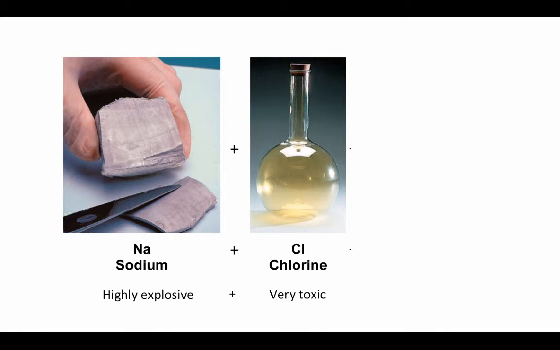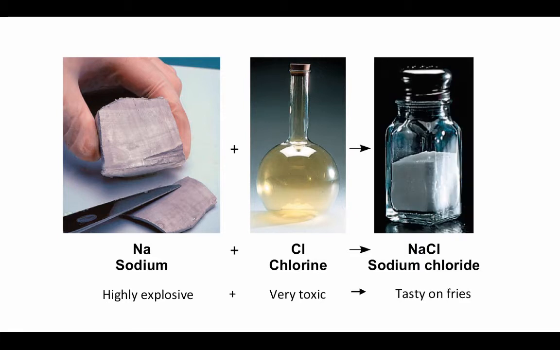Chlorine is a component of some chemical weapons. It's highly toxic. But you put them together and you get something that is very tasty on French fries. Sodium chloride, regular table salt. So that's an example of how when you put two elements together and combine them into a compound, they can have very, very different properties.